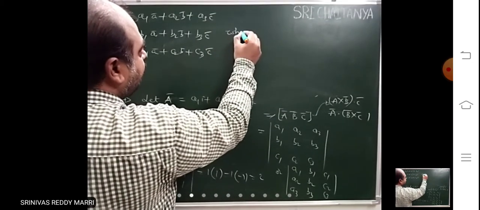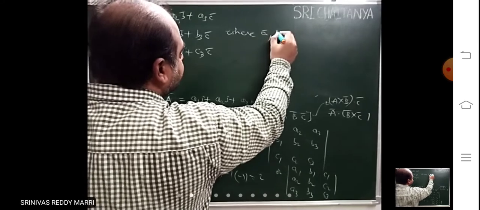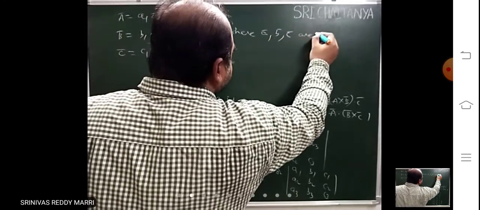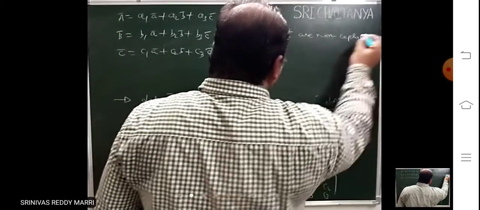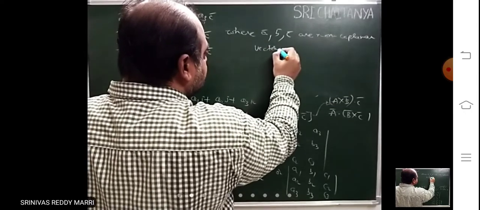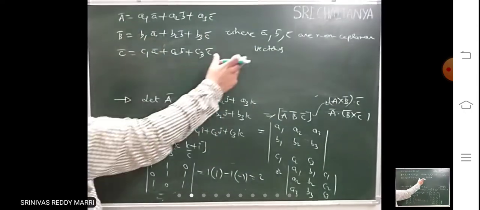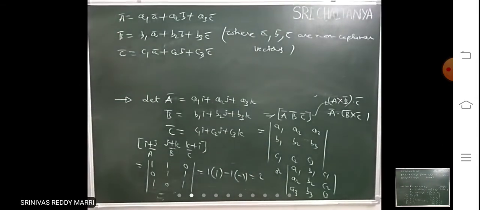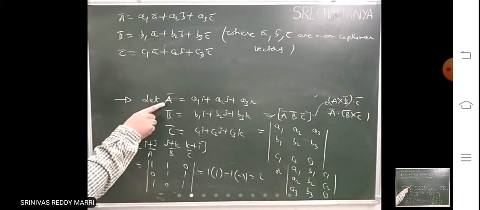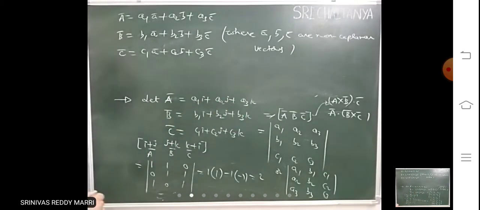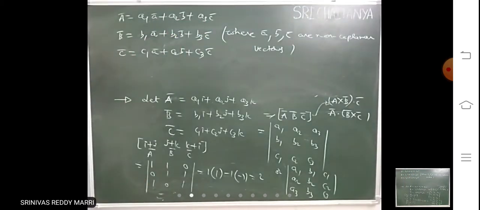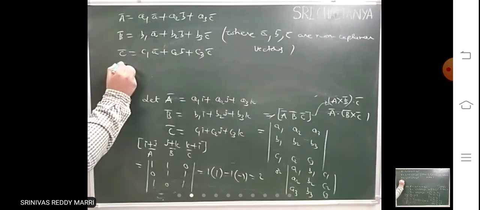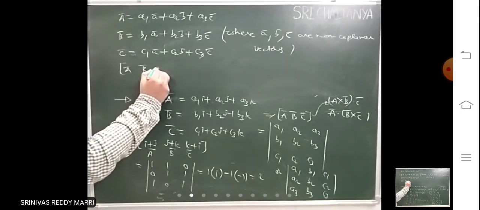That means all the vectors are expressed in terms of A bar, B bar, C bar, which are three non-coplanar vectors. In the question he will immediately give that A bar, B bar, C bar are non-coplanar vectors. That means instead of expressing in the i, j, k set, he has expressed them in terms of some other three non-coplanar vectors.